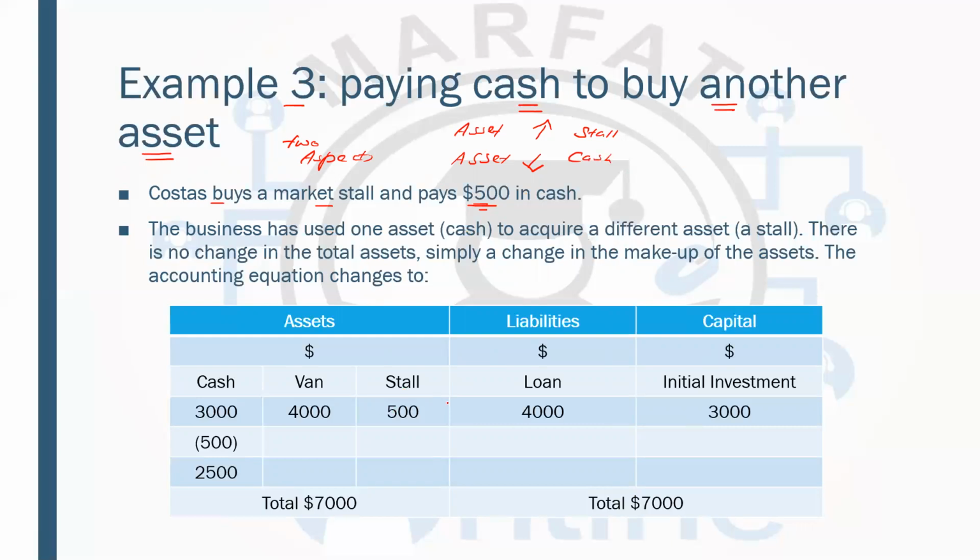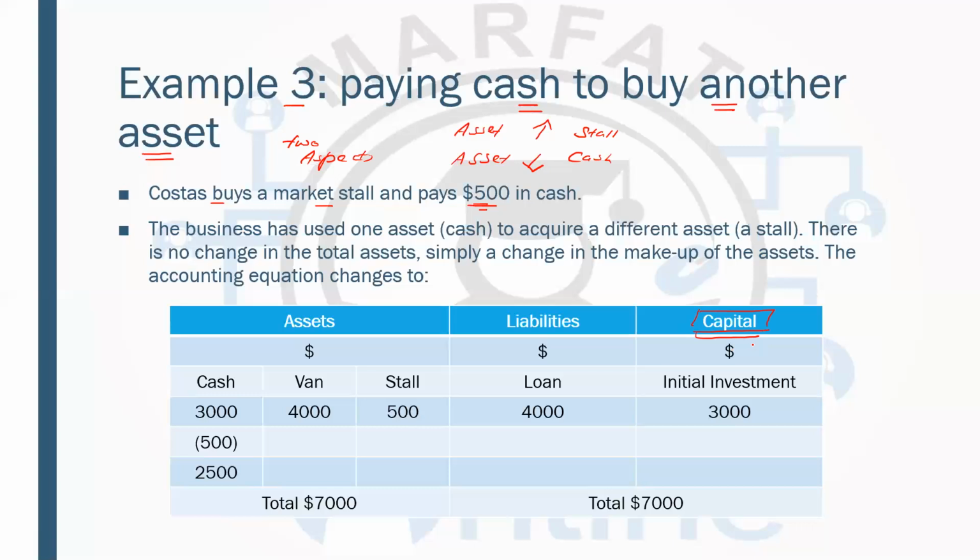All right, now you can just plot this in the accounting equation. There will be no change in the capital. Make sure you're paying attention. There is no change in the capital because the owner didn't invest anything further. This asset was bought from the current cash, from the current investment which the business already had.